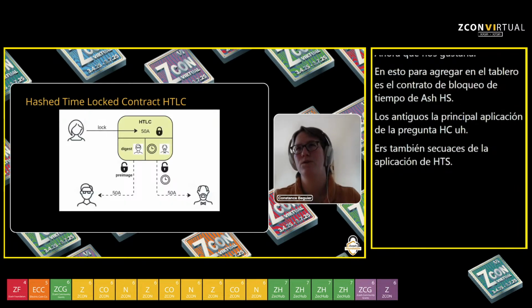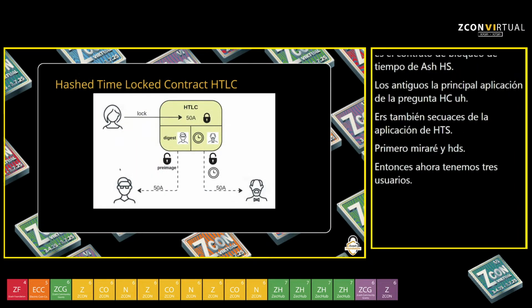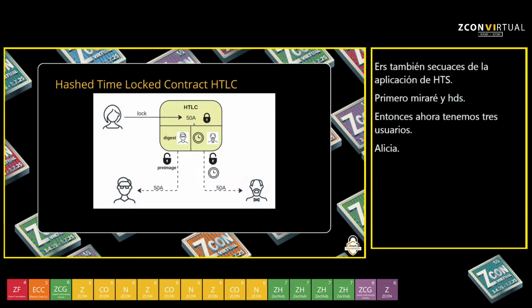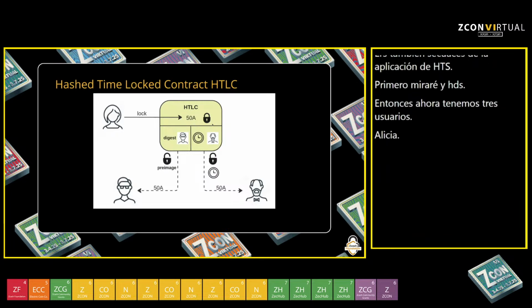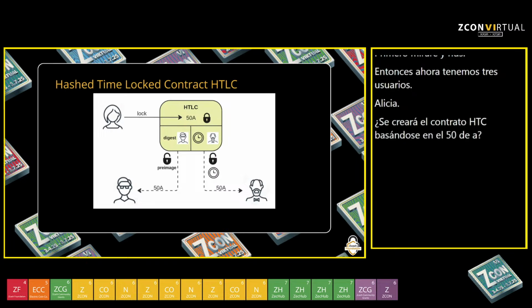Firstly, I will recall what an HTLC is. So now we have three users, Alice, Bob, and John. Alice will create the HTLC contract by sending 50 of asset A into the contract. And she will define who and how those 50A can be spent.